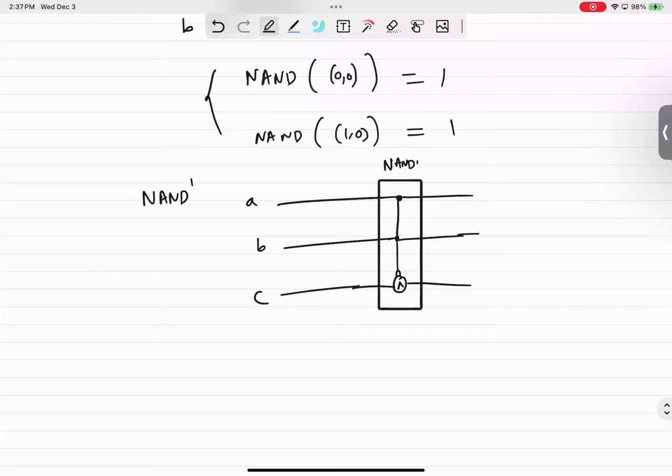So NAND prime effectively just passes A and B through, but on the last bit, it stores the value of the NAND. So this operation, which takes 3 bits and outputs 3 bits, is effectively giving me the value of the NAND of A and B. If I know C, I can always decode it, but it is an invertible transformation.